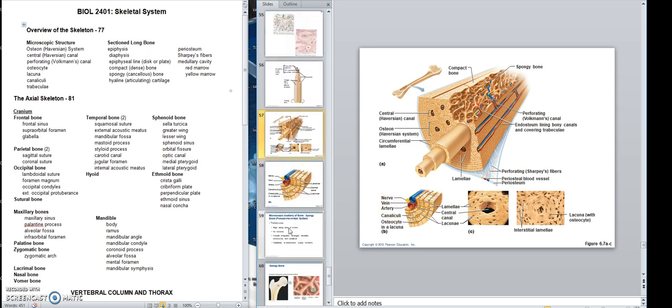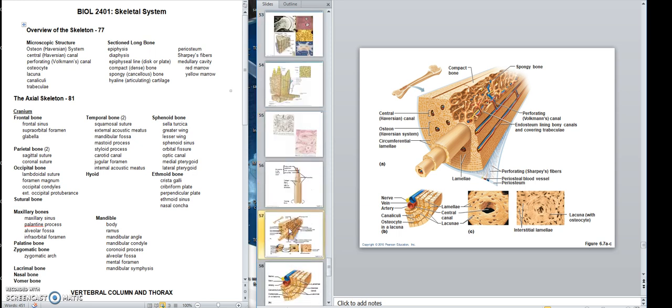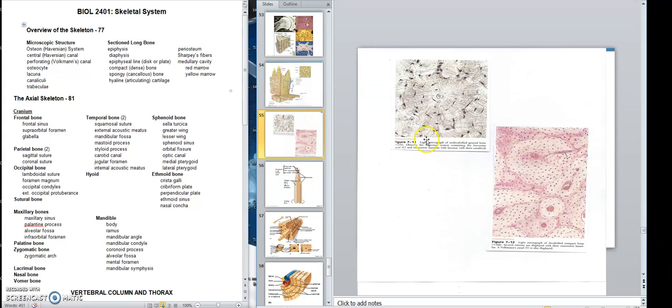The canaliculi are little canals that go between one lacunae and the other. So in this picture, those little wiggly line things would be the canaliculi.